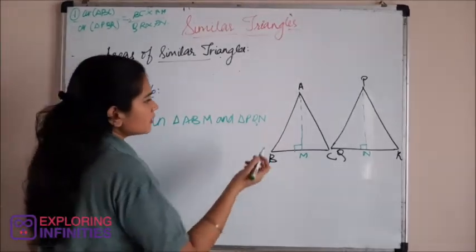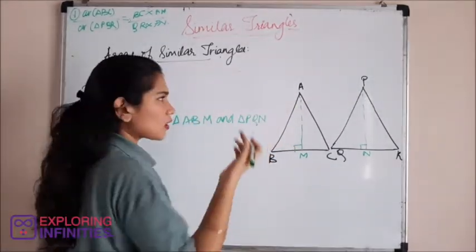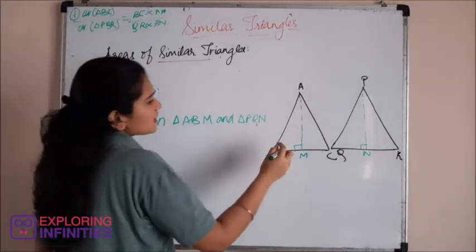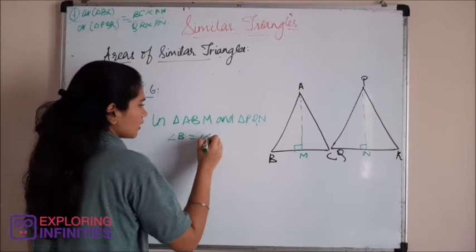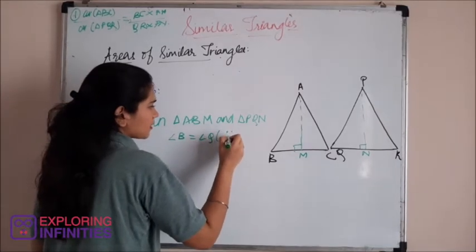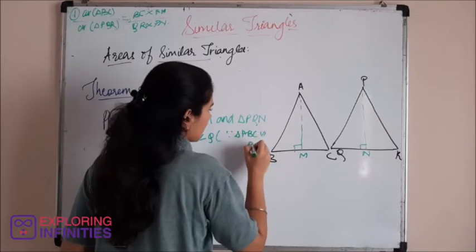It's pretty simple. So here since we know that triangle ABC and triangle PQR are already similar to each other, we can say that angle B would be equal to angle Q, because triangle ABC is similar to triangle PQR.